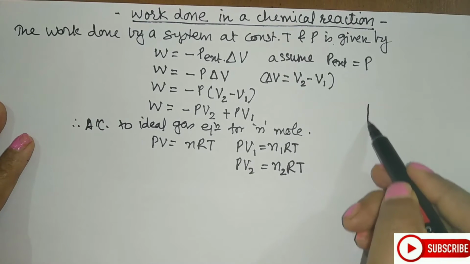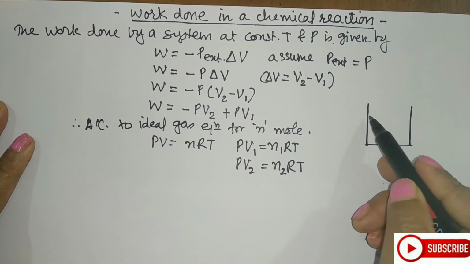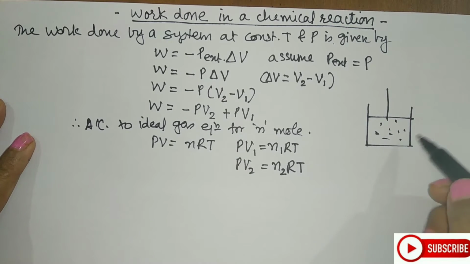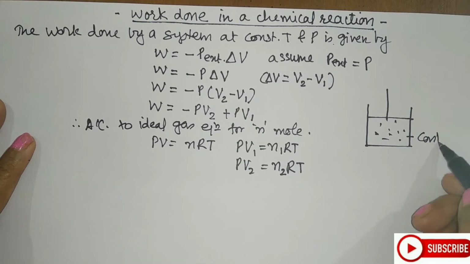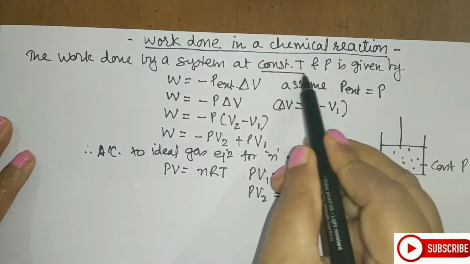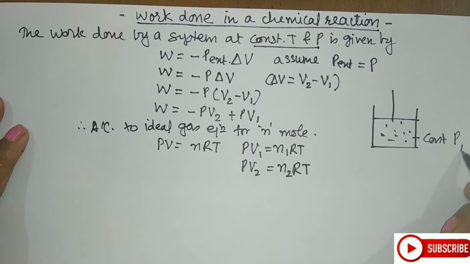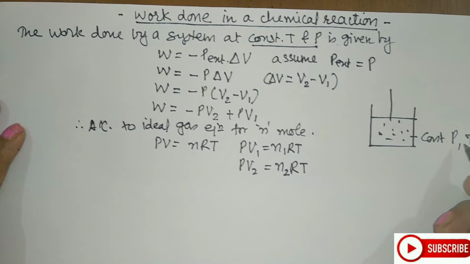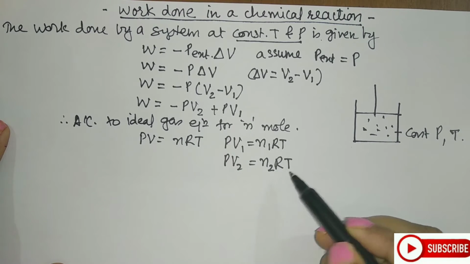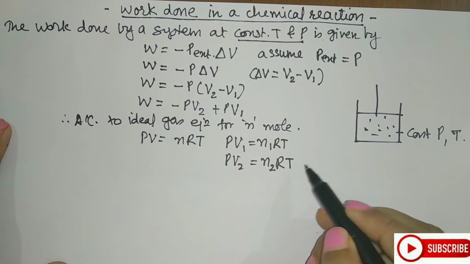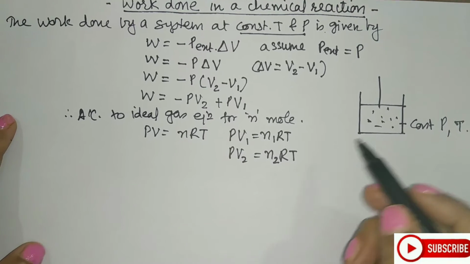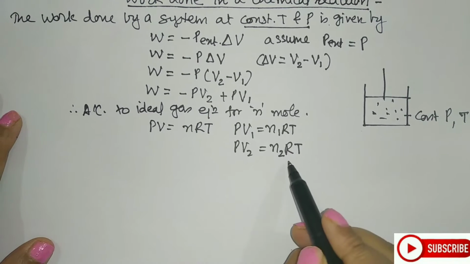Now students, if I take a cylinder and attach this to a piston in this way, the gas which is enclosed inside will have a constant pressure, because we are considering this at constant pressure and at constant temperature. Therefore pressure and temperature will remain constant, and therefore don't take this T and T as T1 and T2. Second very important thing about R, because it's a gas constant, it will remain constant for the system throughout, so we rearrange the equation in this form.